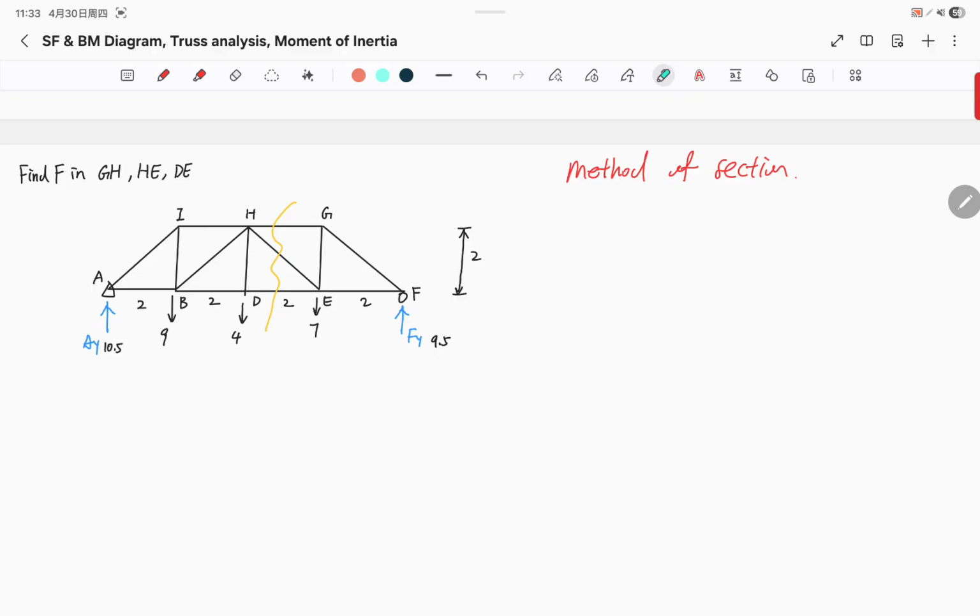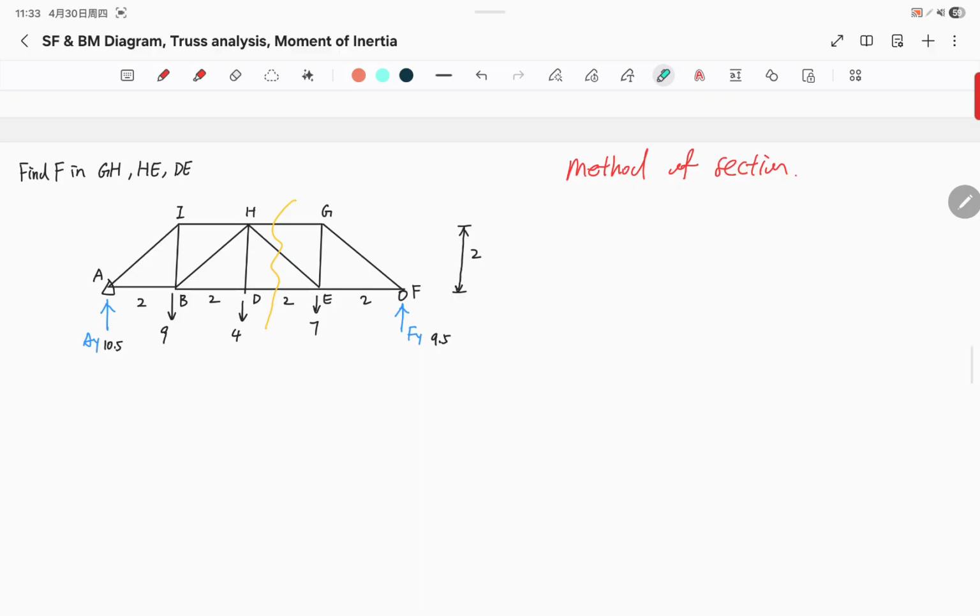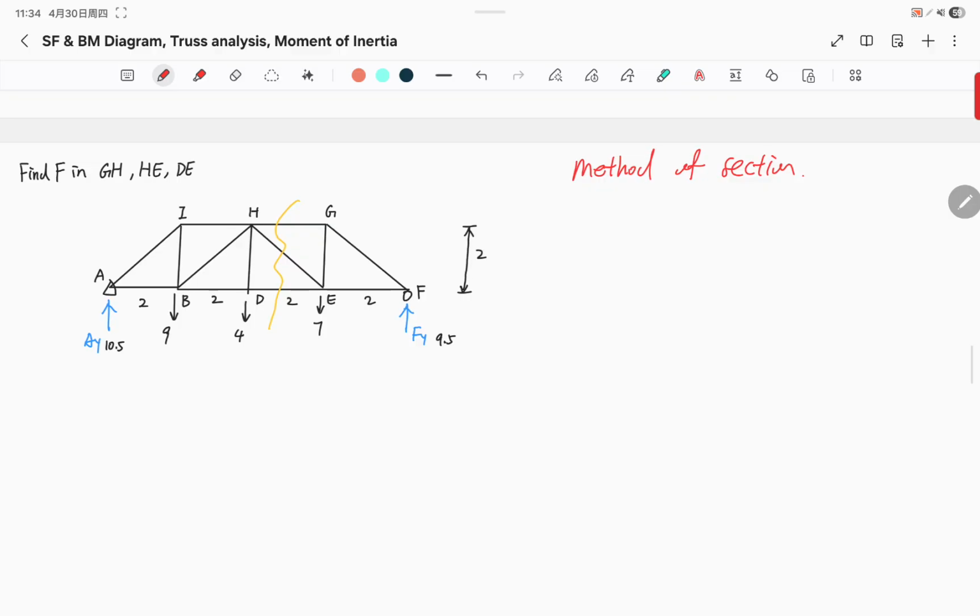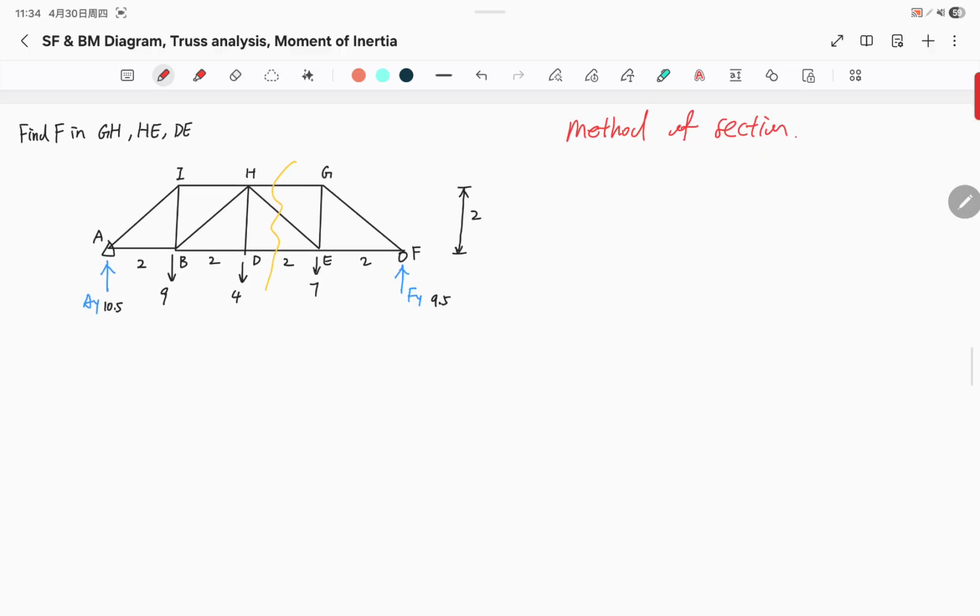It's important to know that when you make a cut, the maximum number of members you can cut through is 3, because we have 3 equations: some are force in x, some are force in y, and moment at a specific point. You don't want to cut through 4 members. Personally, I would say making a cut here is unnecessary. And luckily, all the forces being asked sit close to each other.